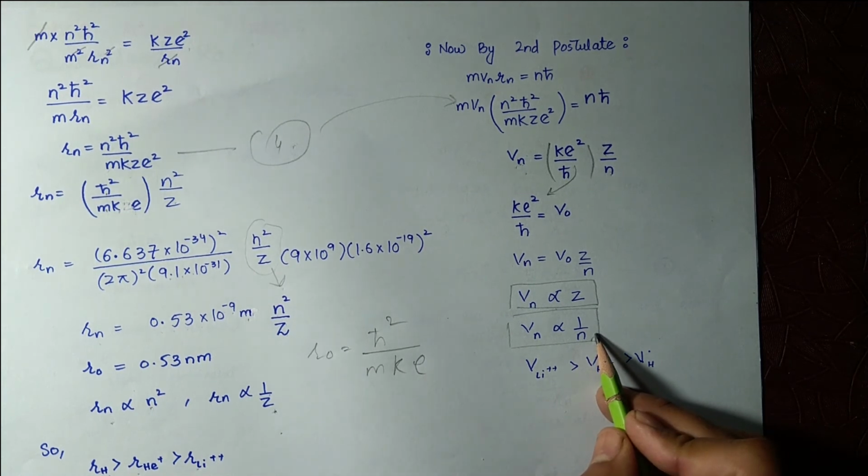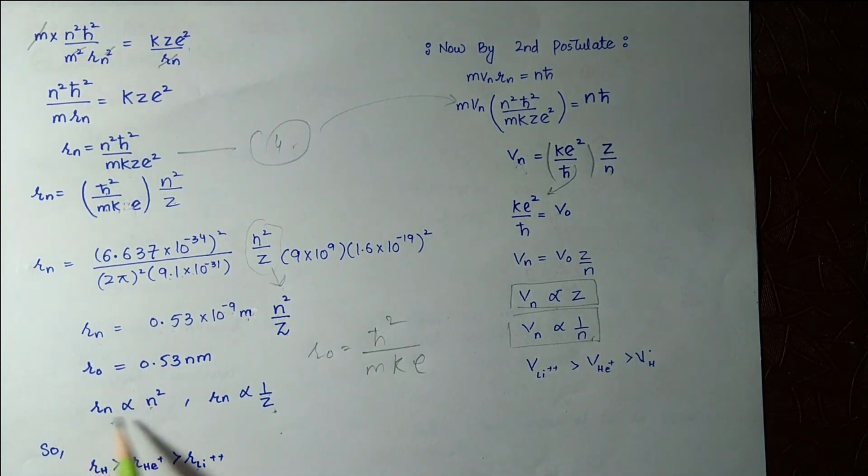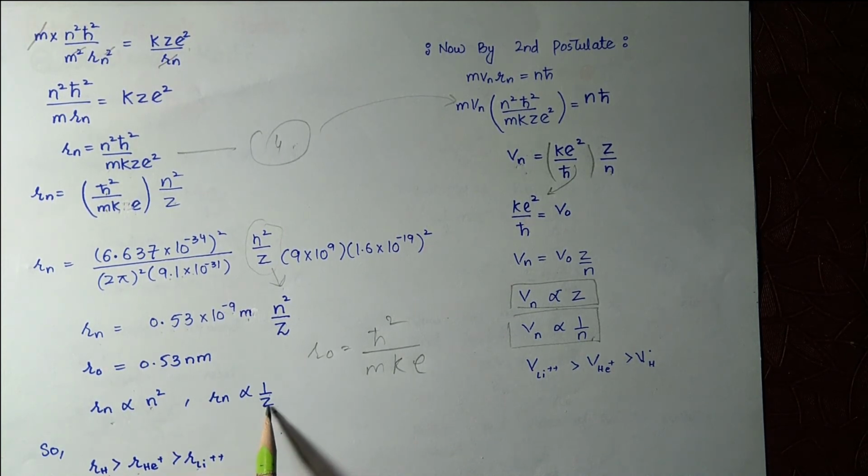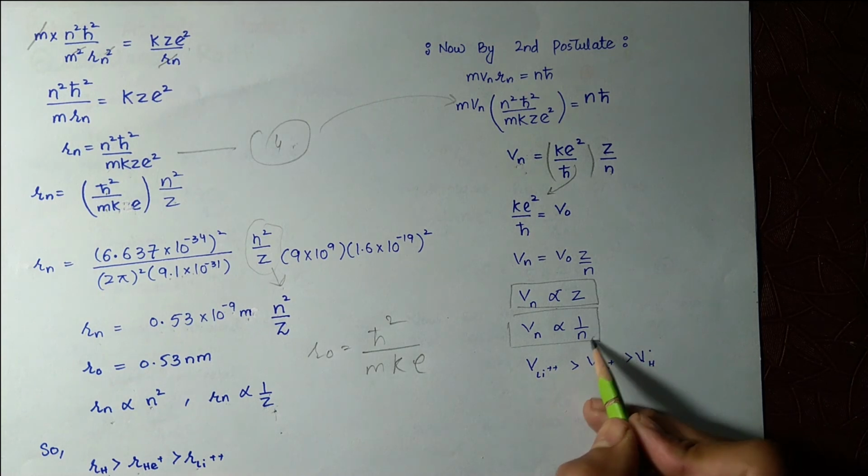In the case of radius, we have seen that it has a direct relation with n squared and an inverse relation with z, but in the case of v of n, it has a direct relation with z and an inverse relation with n.